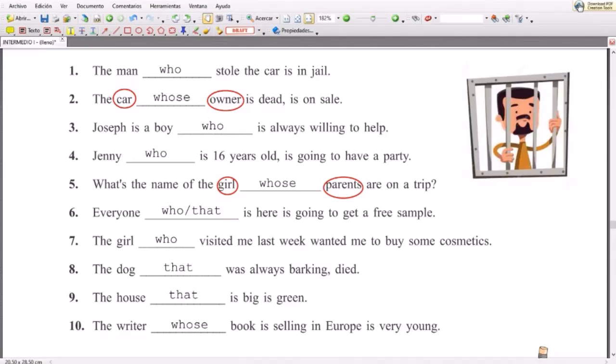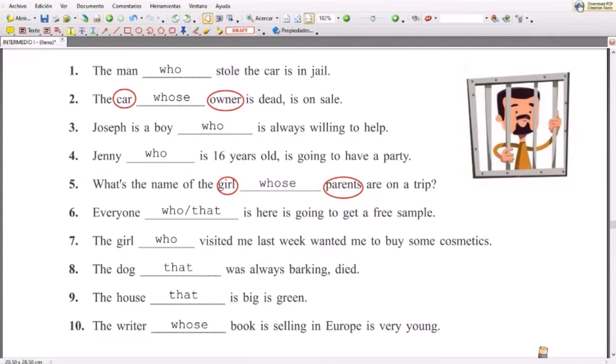El perro y la casa. No, not who, never, because the dog is an animal and the house is a thing. So in that case, it could be which or that. But in this case, the reinforcement says just use who, that or whose.